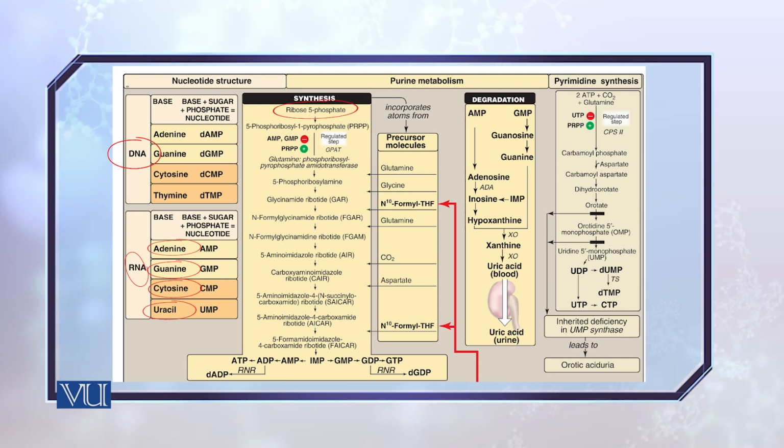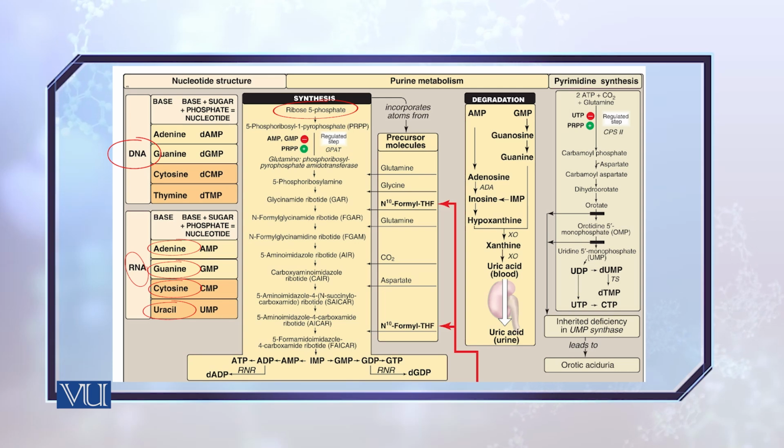So a sugar molecule is already there, and you build upon it the nitrogenous base part of the nucleotide. This whole process, starting from ribose 5-phosphate up till inosine monophosphate, then gives rise to the adenine moieties like AMP, ADP, and ATP, or the guanine moieties like GMP, GDP, and GTP.